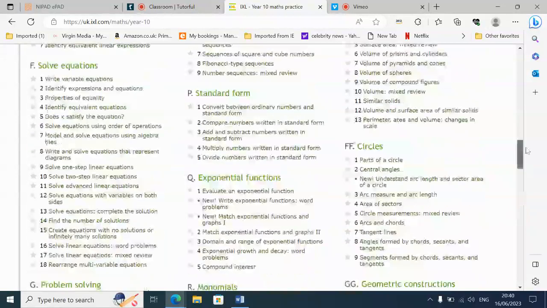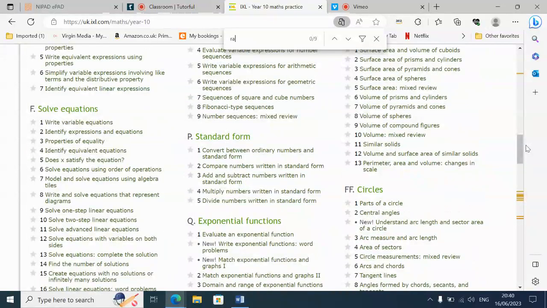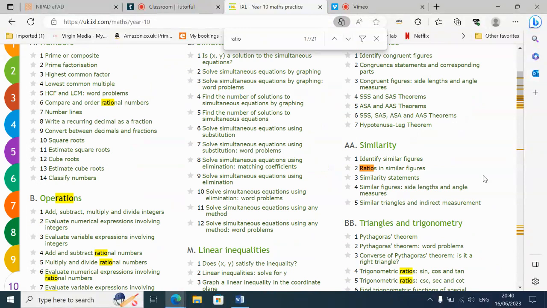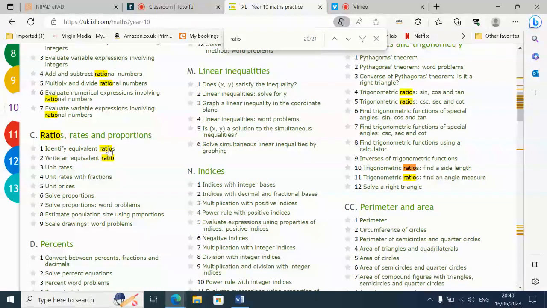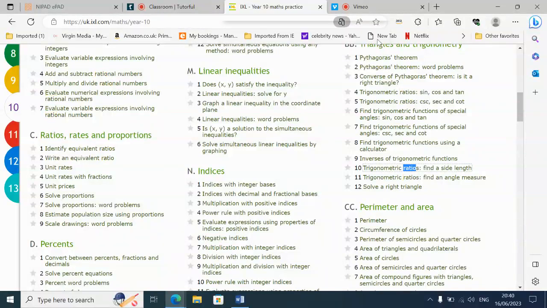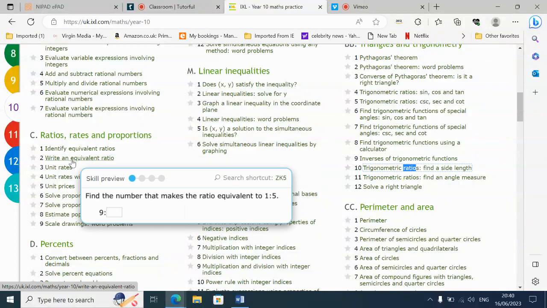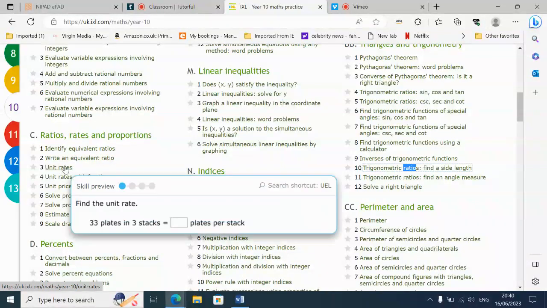And ratio, proportion. Okay, ratio. Simplify, no, ratio. Well, we looked at trigonometric ratios, but oh, here. Ratios, rates, and proportions. So identify equivalent ratios. Write equivalent ratios. Does that look familiar?